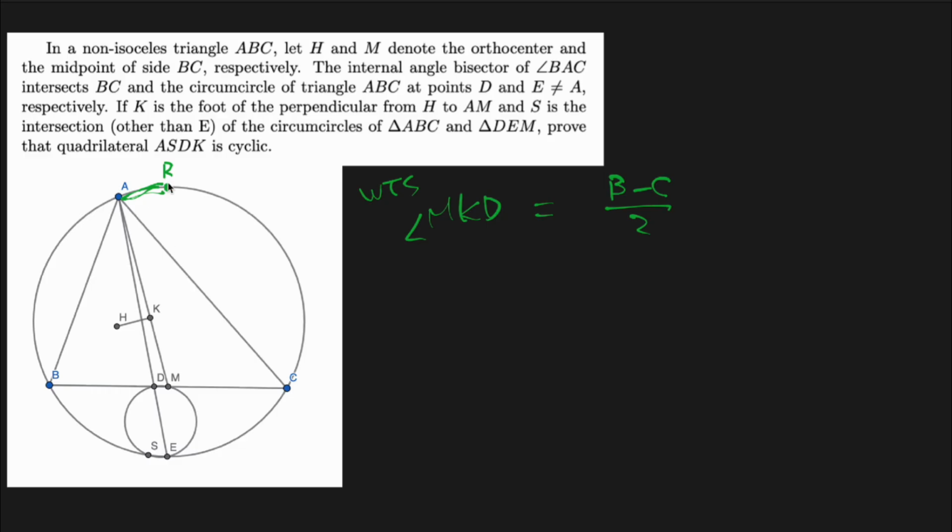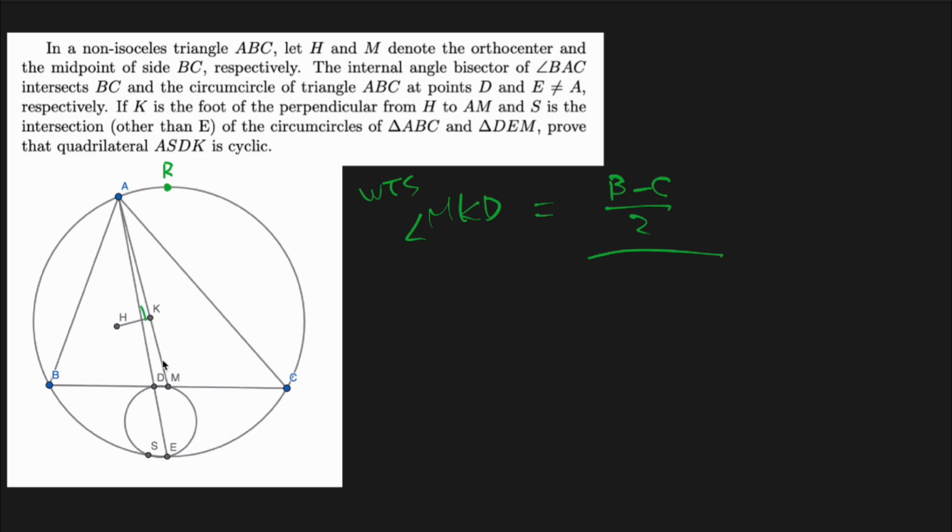And so we know that this is halfway, and this is angle C. So this is halfway minus angle C, which is B minus C over 2. So what's interesting about that is that if I were to look at any angle that's subtended by the arc AR, then this will be B minus C over 2, and we just have to show that MKD is equal to that.